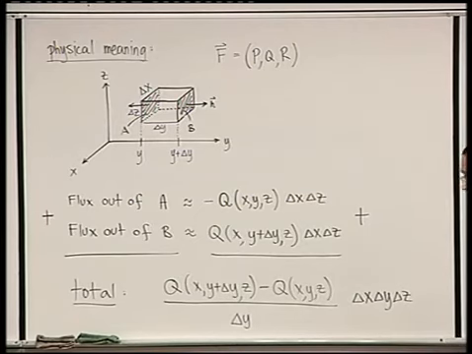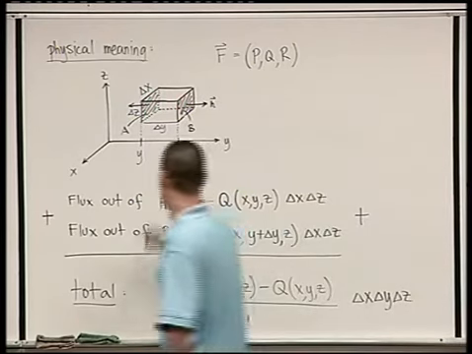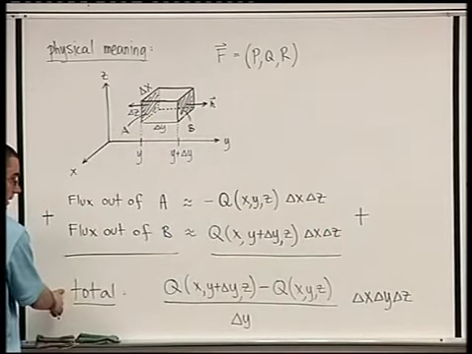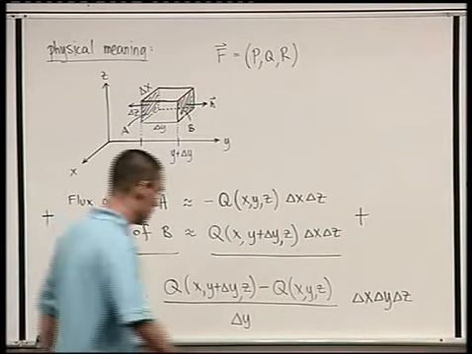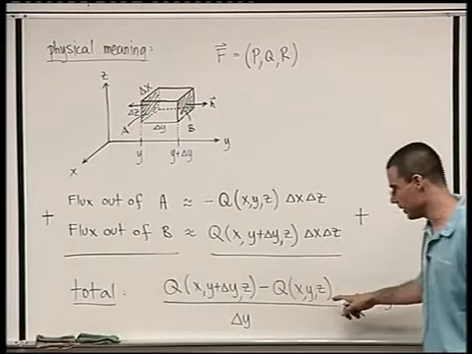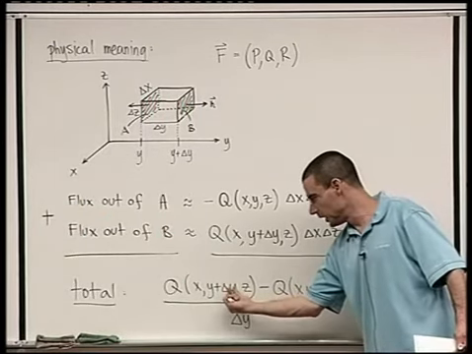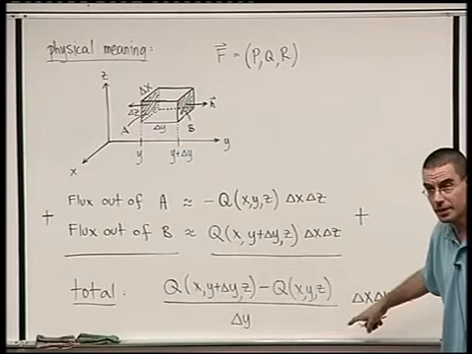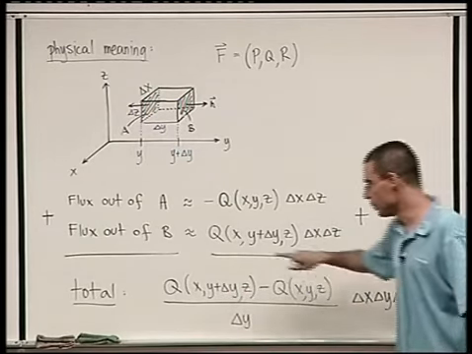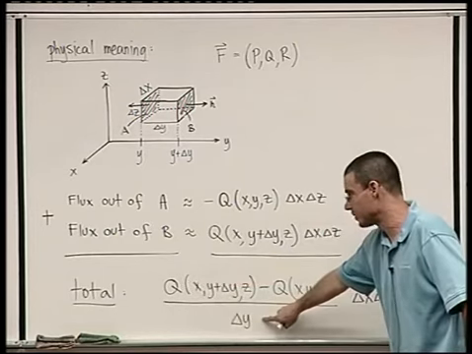Clear? So the total flux out of A and B is this expression. What is this expression? What does it look like? Q is a function of 3 variables. This is the little increment in the y component. So what is this thing? Exactly. This is the derivative of Q with respect to y.